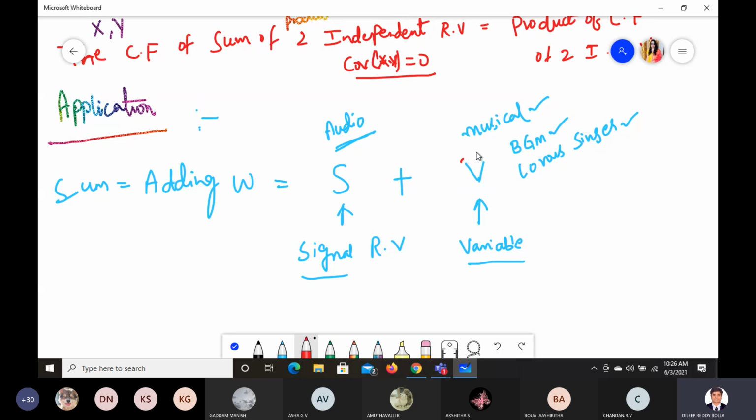So that's the application perspective of adding two independent random variables. Is that okay? Right, so let us move on to the next topic. Any doubts in this or any other applications? If you want to add, please add.